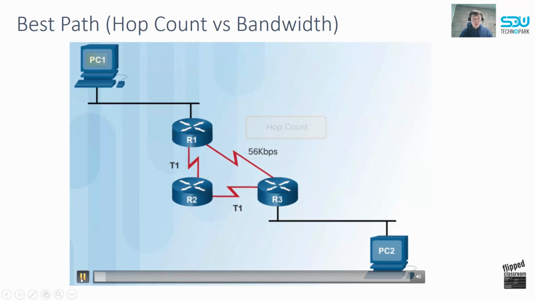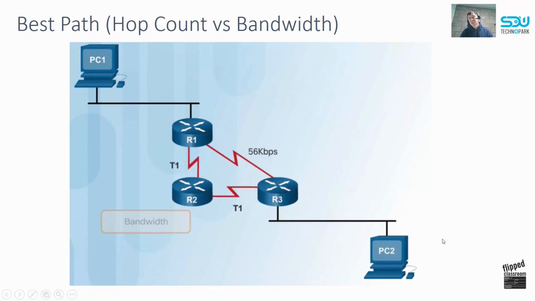In case your protocol uses hop count as the best path, your information will be sent from router 1 to router 3 directly. In case your routing protocol looks at the bandwidth, then your information will travel by the second path, which will actually be the better one.